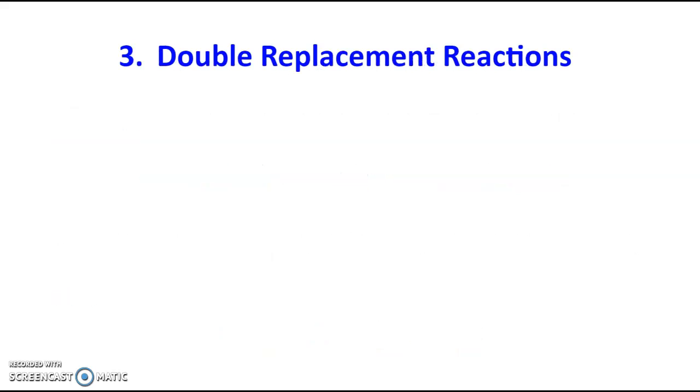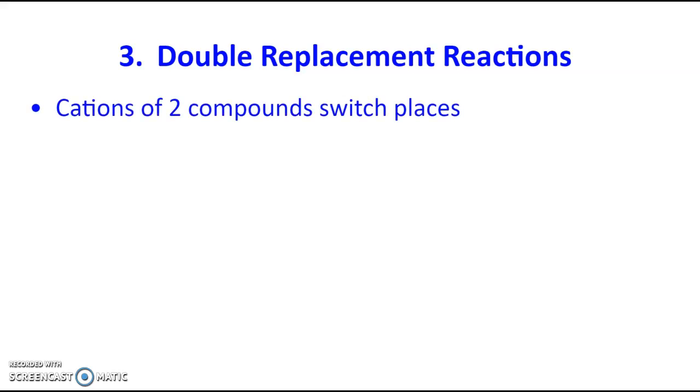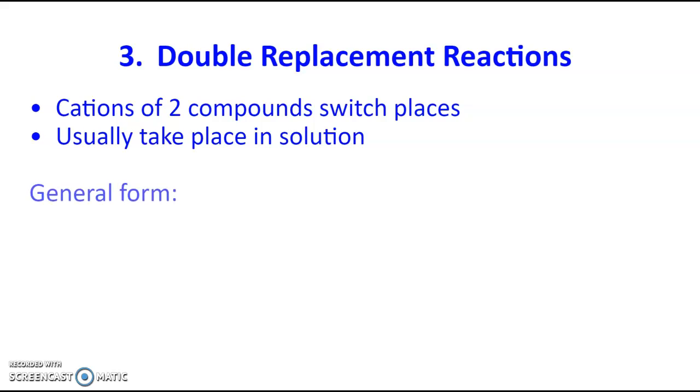Double replacement reactions are what we focus on the most in this class. And this is when the cations of two compounds switch places. And usually this takes place in solution, which is what we've experienced with our little solutions in those pipettes. The general form is AX, where A is a cation and X is its anion, and then BY, where B is a different cation and Y a different anion, and then they switch places.